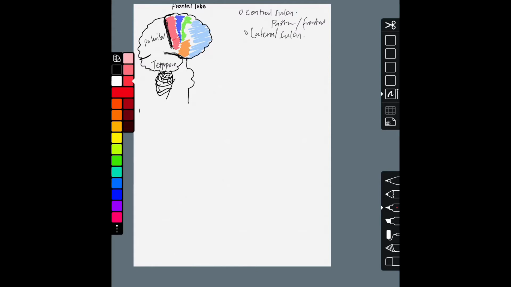So just anterior to the central sulcus, and we go from here. So first one is this portion. This portion is just anterior to the central sulcus. This area is like a mountain called gyrus with furrows in between, which are called sulci. This functional portion of this gyrus is called primary motor cortex.